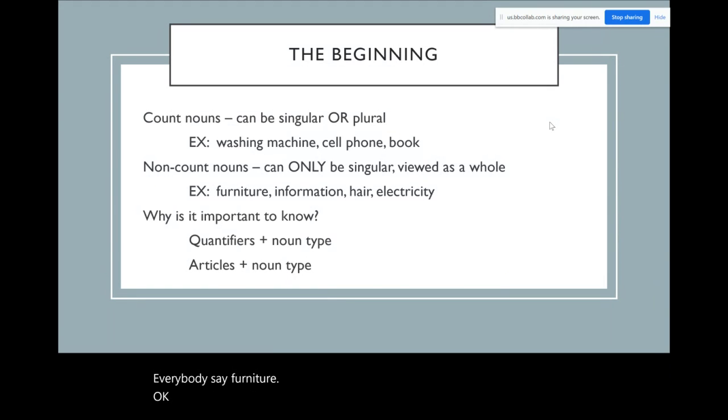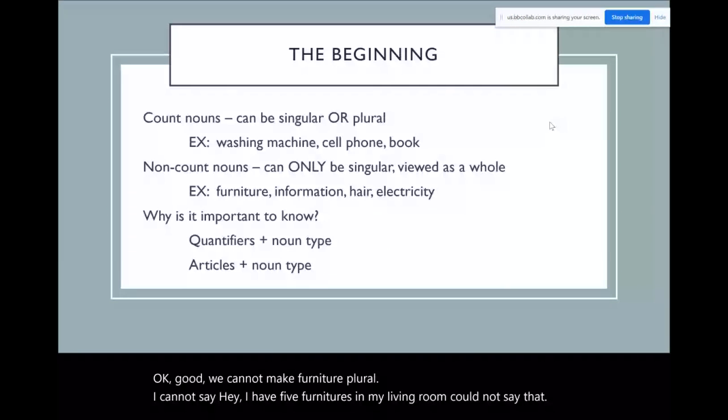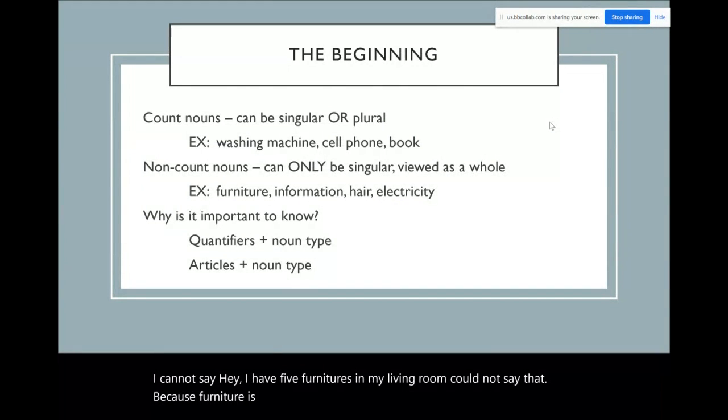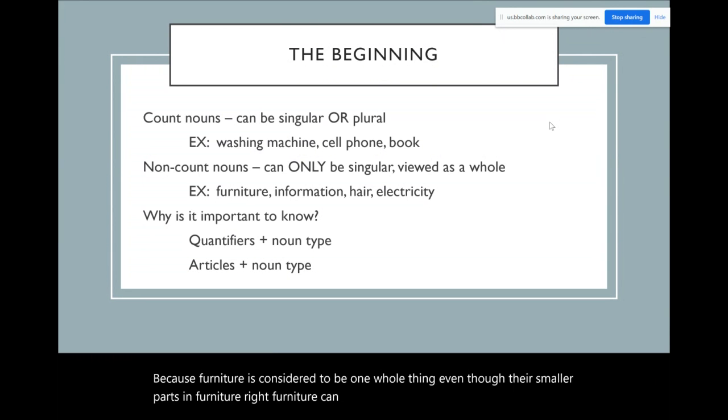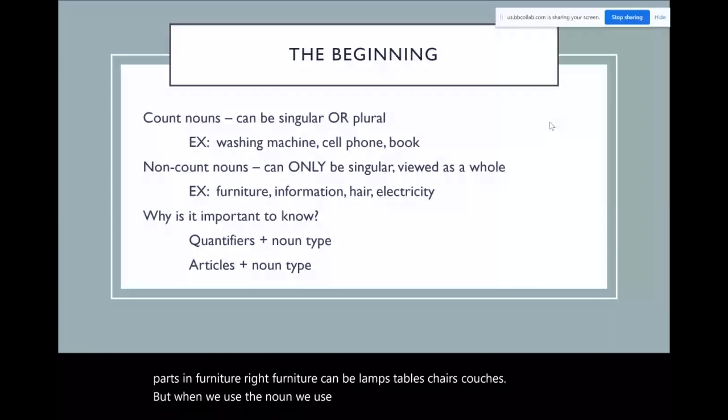We cannot make furniture plural. I cannot say, I have 5 furnitures in my living room, because furniture is considered one whole thing, even though there are smaller parts: lamps, tables, chairs, couches.